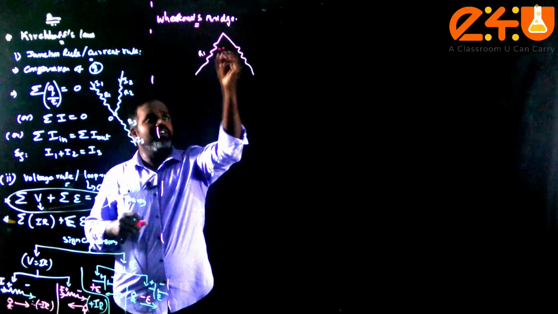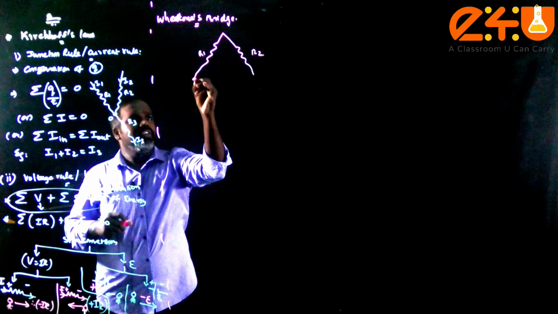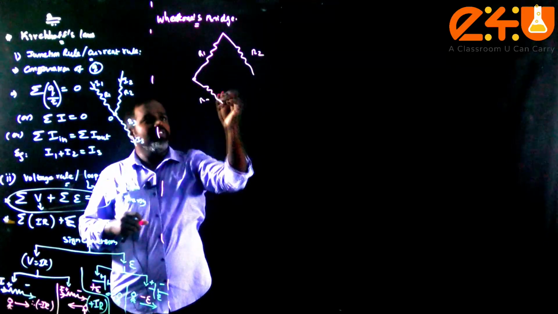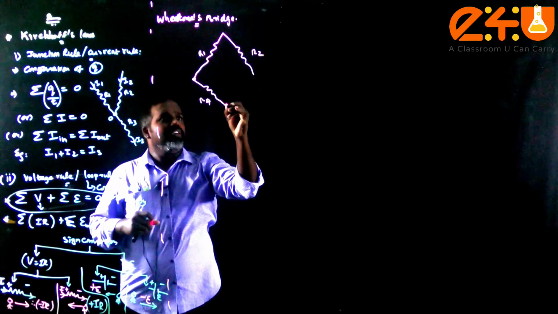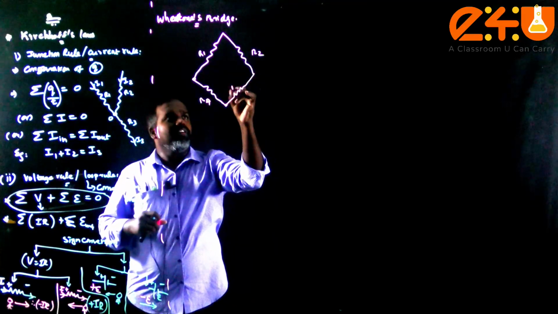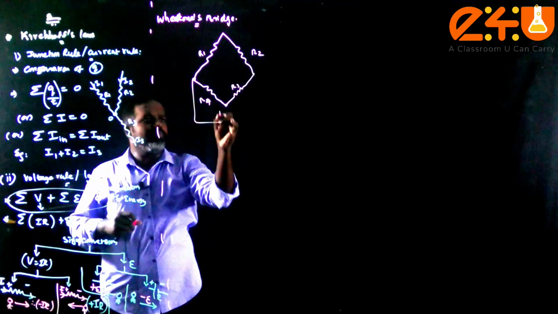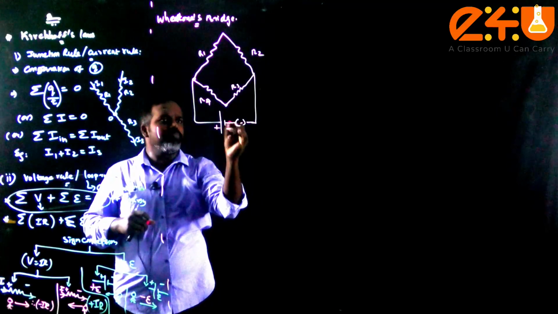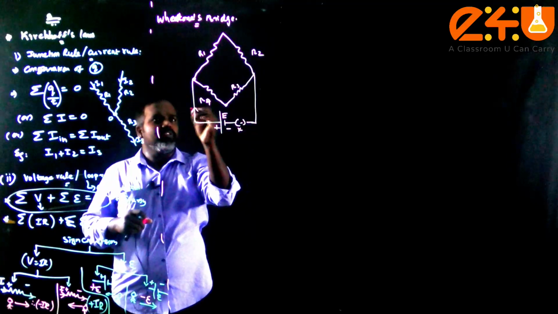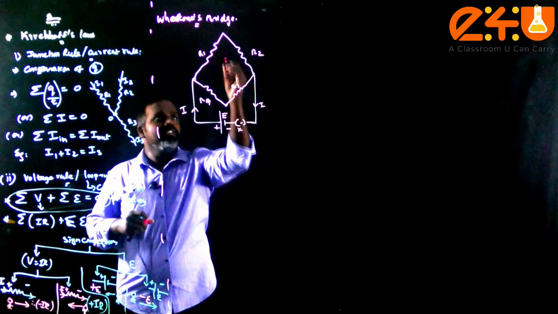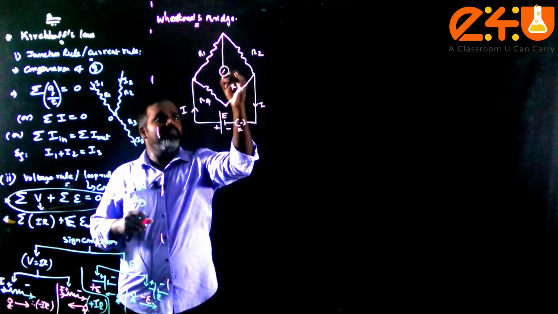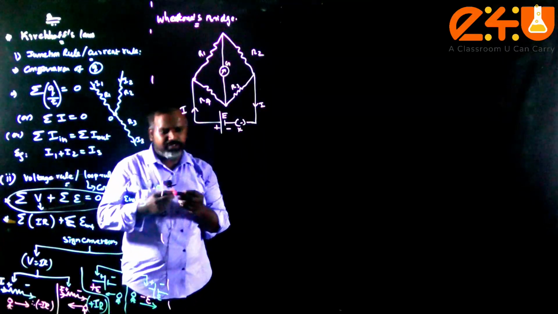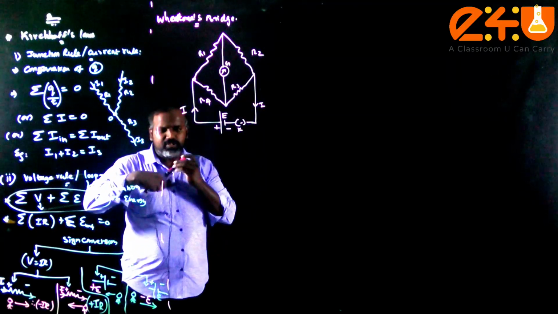This is resistance R1, this is R2, and they are arranged as R1, R2, R3, R4. A battery of some EMF is connected, plus and minus, with a key, and some current I is going through. In between, a galvanometer of resistance G is connected. This is the arrangement of the Wheatstone's bridge.